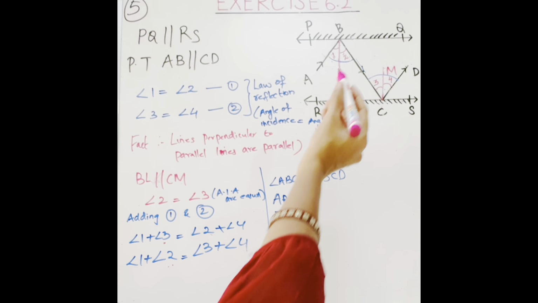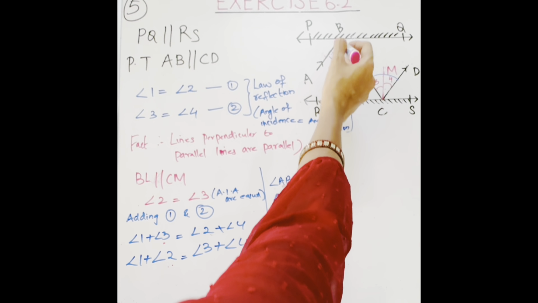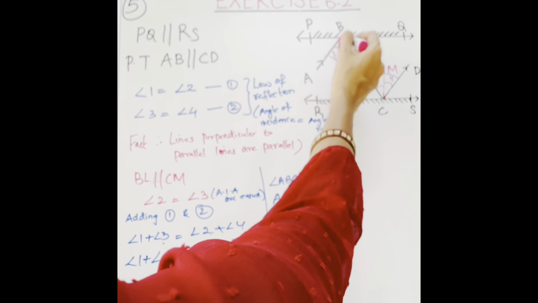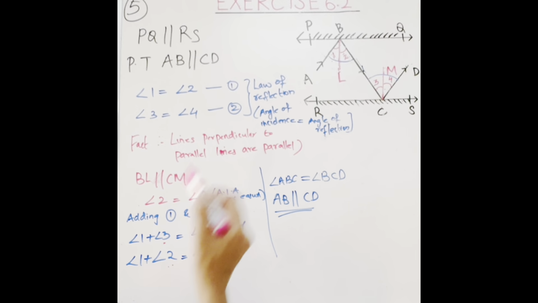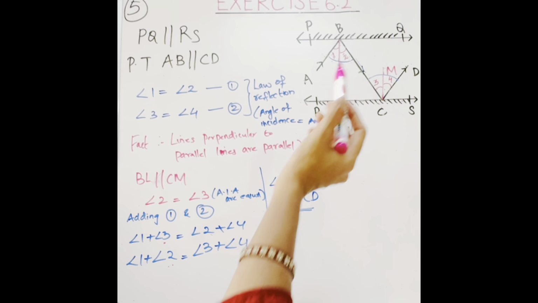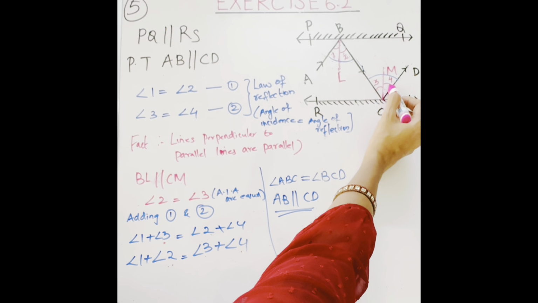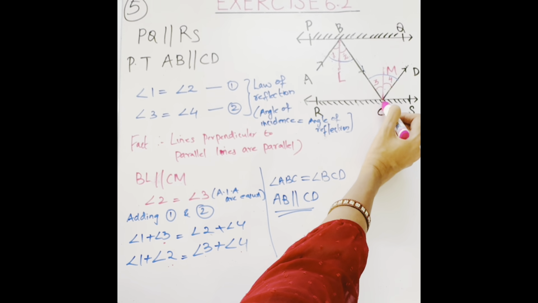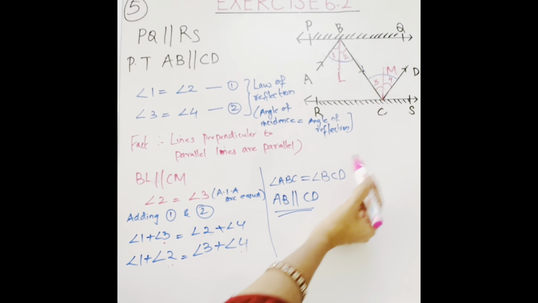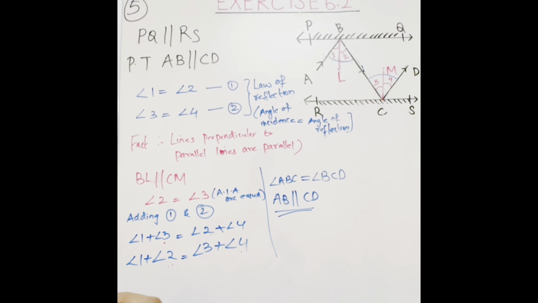And from the figure we know angle 1 plus angle 2 is angle B, that is ABC, and angle 3 plus angle 4 is this angle C, or we write BCD. ABC is equal to BCD.